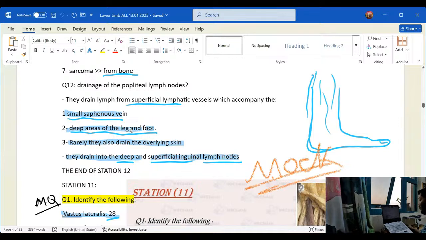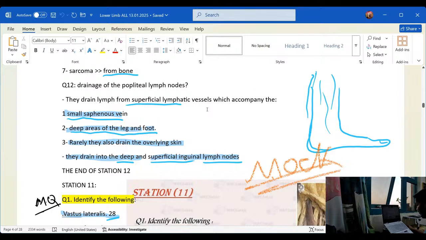Drainage of the popliteal lymph nodes. They drain lymph from the superficial lymphatic vessels accompanying the small saphenous vein, from the leg and the foot, and from the deep area of the leg and the foot.